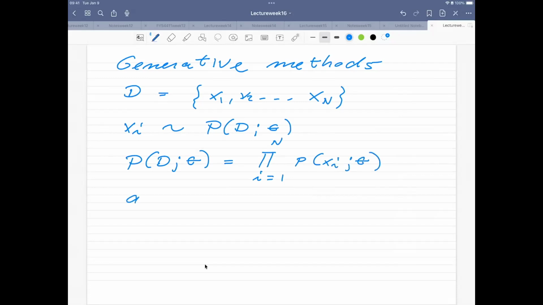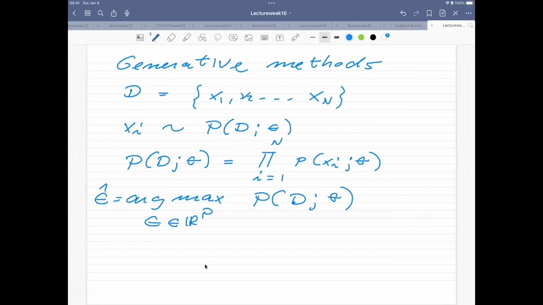And what we typically want is to find the optimal theta, which maximizes this probability P of D given theta, where theta is normally a real parameter. Now, from a computational point of view, since we're dealing with products, this can lead to numerical inaccuracy.